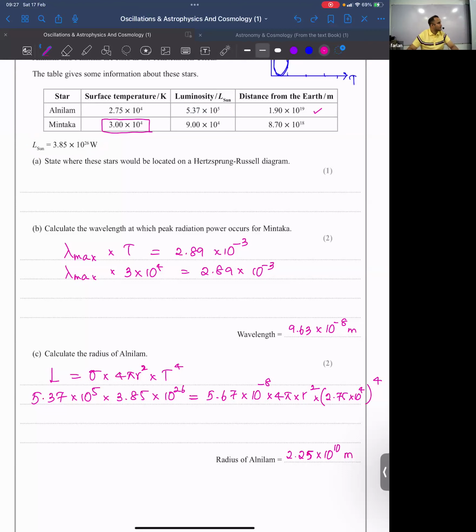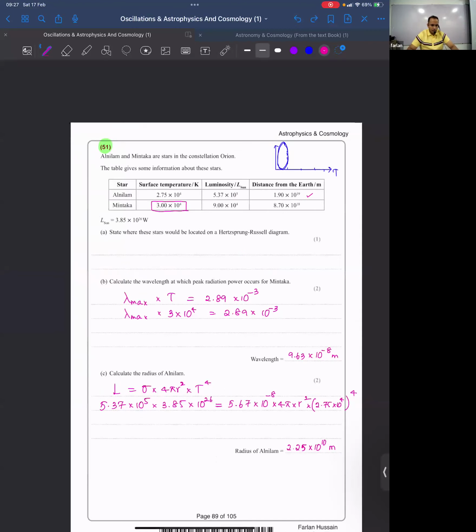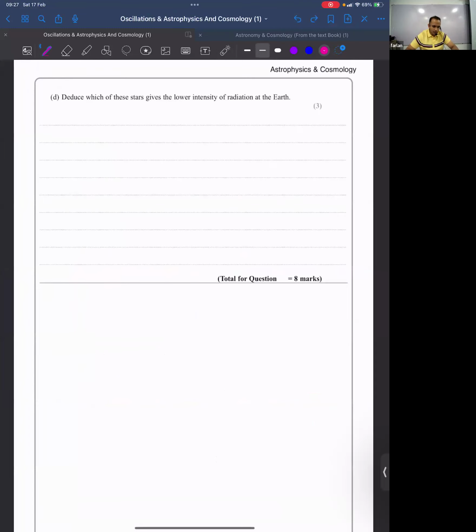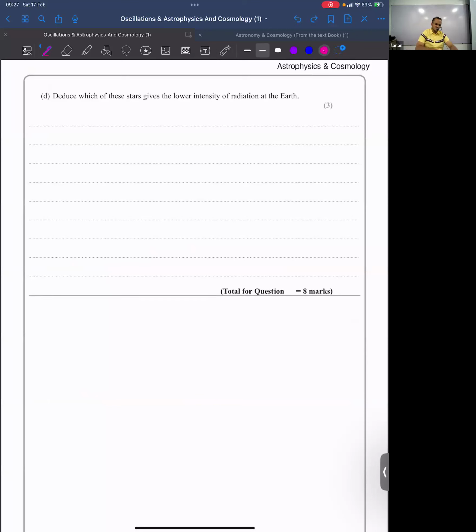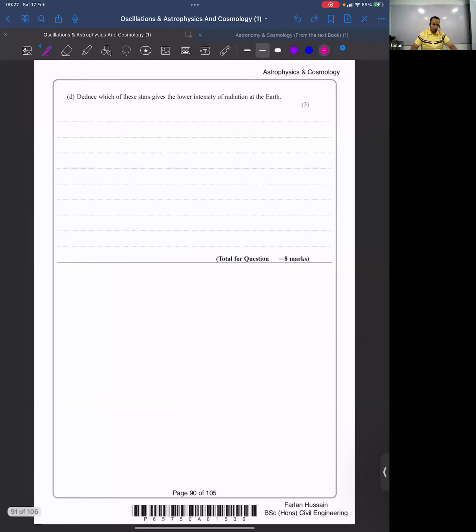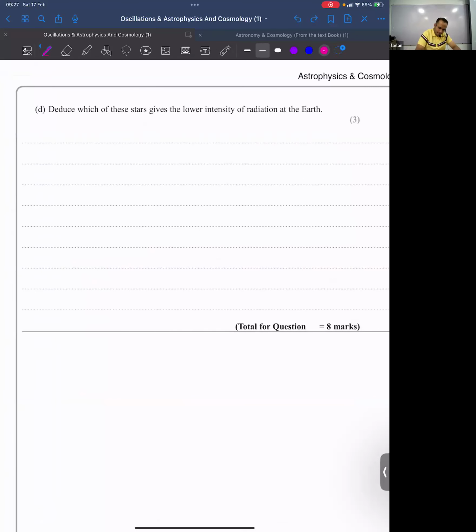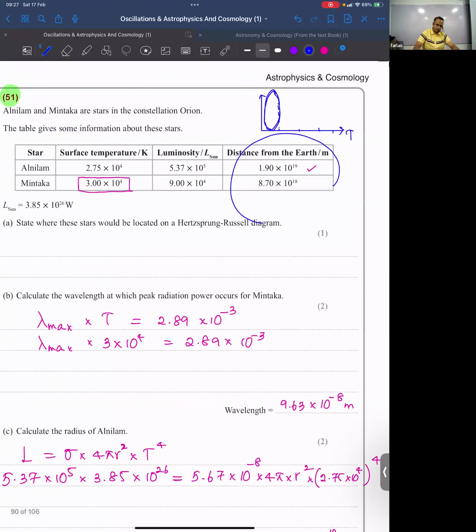Have you got this answer? Deduce which of these stars give the lower intensity of radiation at the Earth. Right. So to calculate the intensity, I need to use intensity equals L over 4 pi r square for the two stars separately, because I know the distance from the Earth to the star, that detail is given.